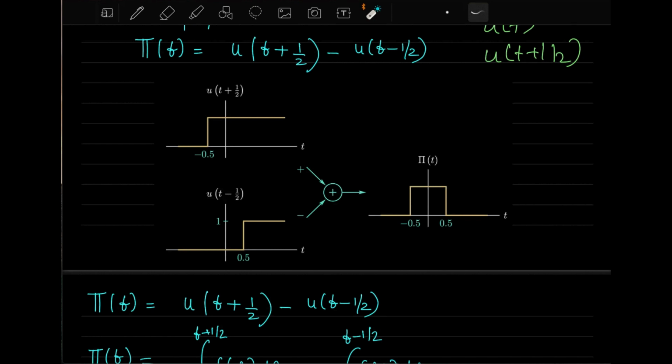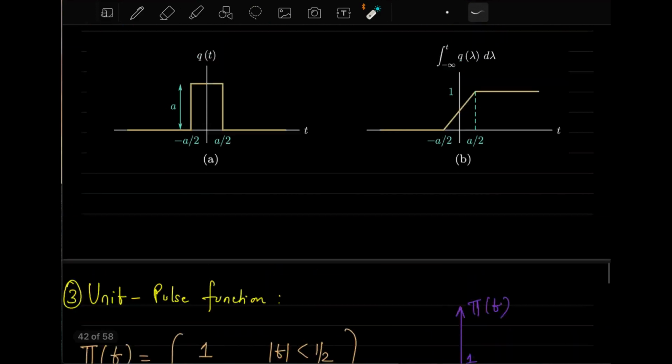This is just for simplicity. Some of the books will keep it as 0.5, but practically, if you work with these signals, you really don't care whether at this value you have a half or not, because what you care about is whether you are able to make another signal 0 or 1.